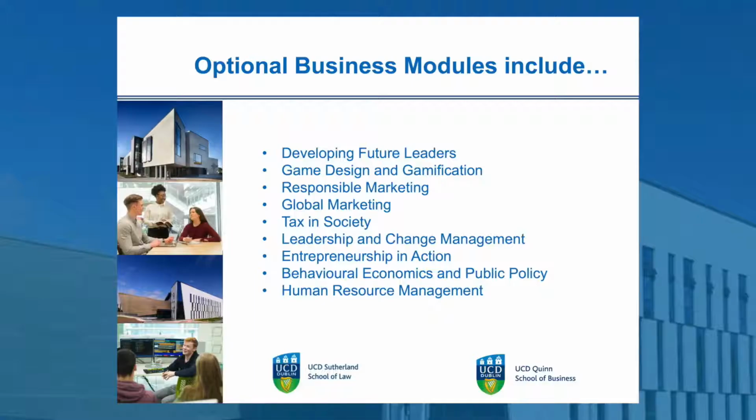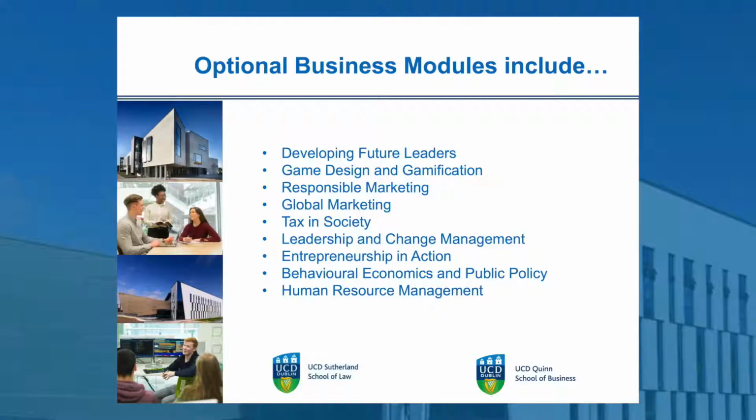So these options include developing future leaders, game design and gamification, responsible marketing, global marketing, tax in society, leadership and change management, entrepreneurship in action, that's my one, behaviour economics and public policy, and human resource management.